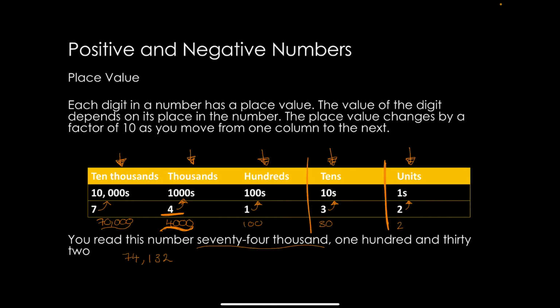The number next to it is always the tens, and then the hundreds, then the thousands, and then the tens of thousands. If we had another number here, okay, let's say I put like an 8 there, that would actually be the thousands. Okay, so we just go. Every time we go up, it increases by a factor of 10. We add on another 0 to the value of that number.